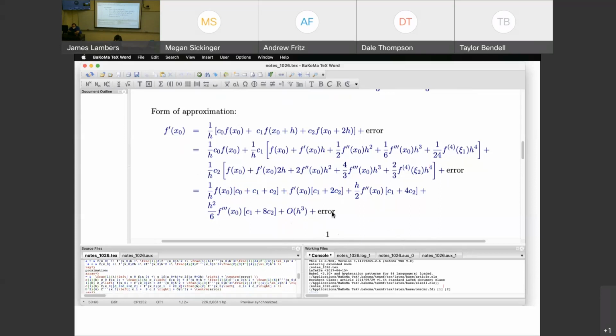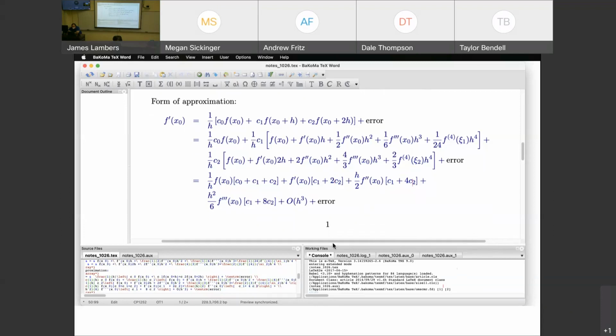Now notice here I had a 1 over h out front, but all the f prime terms are multiplied by h, so they cancel. So here I just have the coefficients. So this should be equal to 1. Here I don't want that double prime at all, so this should be 0.